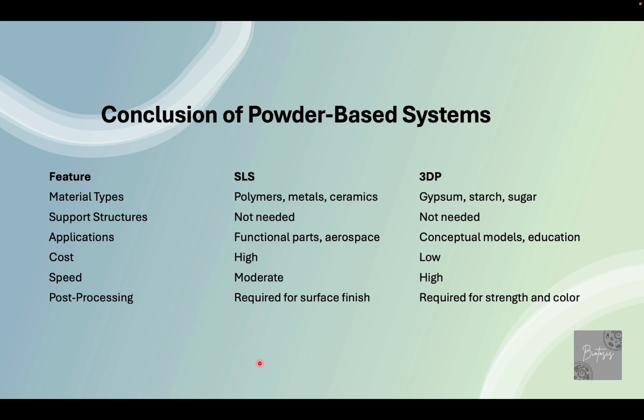There are a billion other things that we can try and use in terms of 3D printing. Support structures are not needed in both. Applications are functional parts of aerospace, etc. Conceptual models, on the other hand, in education.